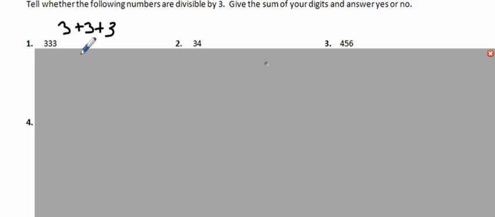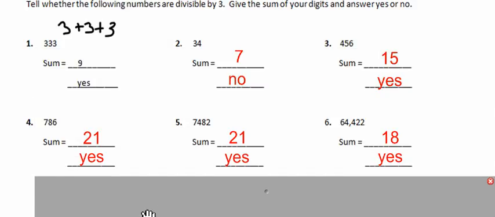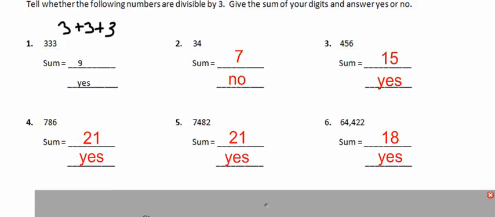Okay, so now let's take a look at the answers. For this one, I added 3 plus 4 and I got 7. 3 doesn't go into 7, so therefore 3 doesn't go into 34. For number 3, I did 4 plus 5 plus 6, and I got 15. 3 goes into 15, so therefore 3 will go evenly into 456. For number 4, I did 7 plus 8 plus 6.